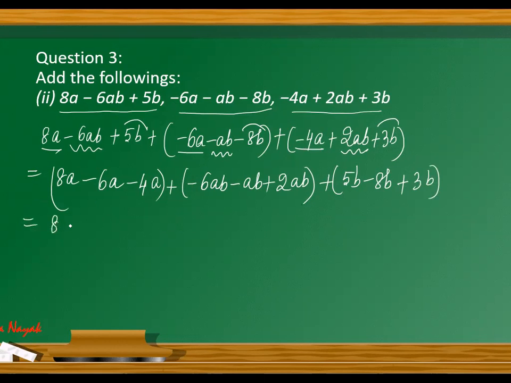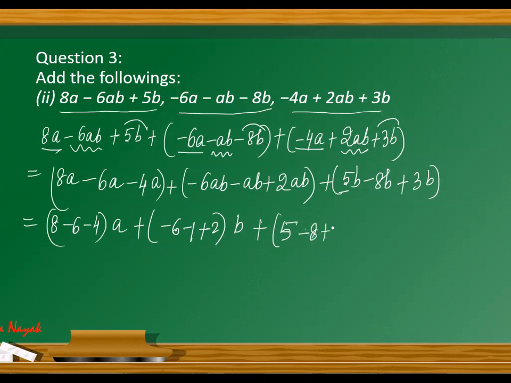So 8 minus 6 minus 4, a, plus minus 6 minus 1 plus 2, ab. So here 5 plus a minus 8 plus 3, then b. So 8 minus 6 minus 4.